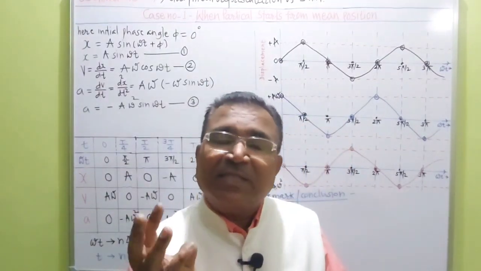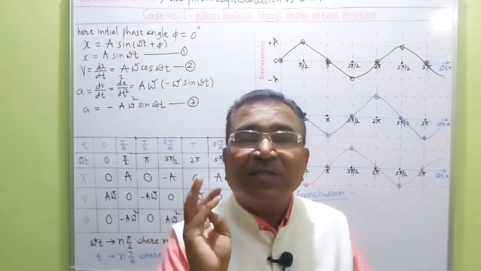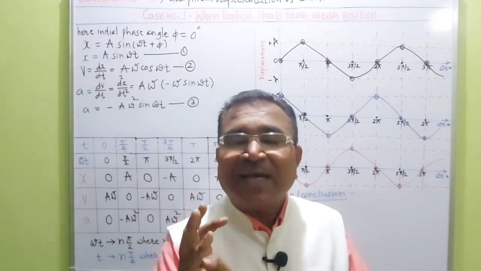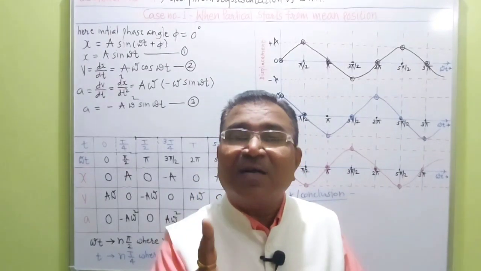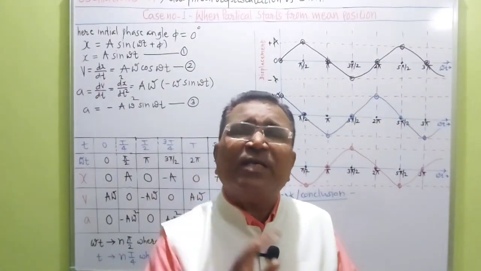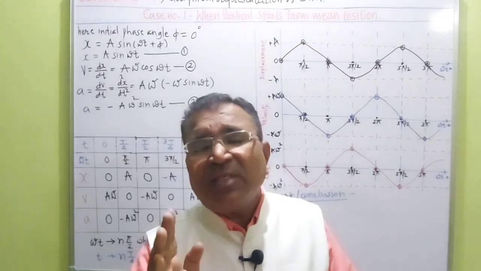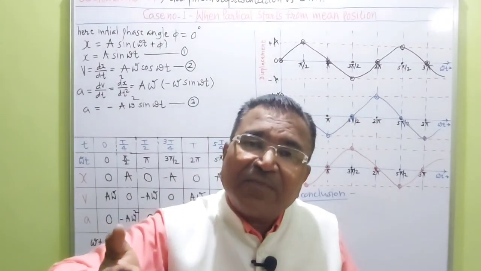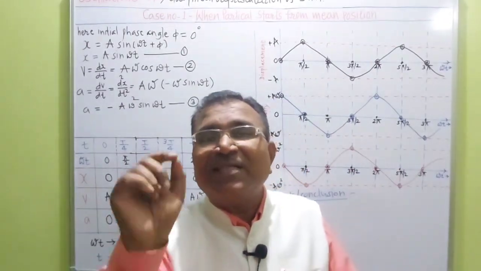That is, displacement time curve, velocity time curve and acceleration time curve are periodic in functions. What is meant by periodic in functions? Because all the curves repeat itself after a phase 2 pi.